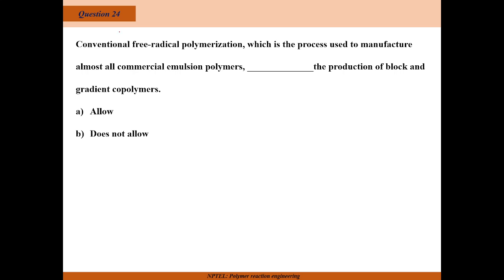So basically, conventional free radical polymerization is a process used to manufacture almost all commercial polymers. Does it allow production of block and gradient copolymers, or does it not allow it? Yeah, it will definitely allow the production of block and gradient copolymers.